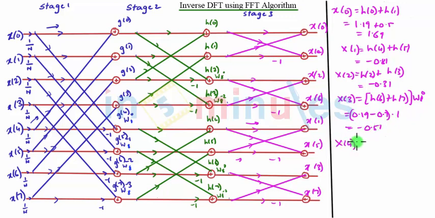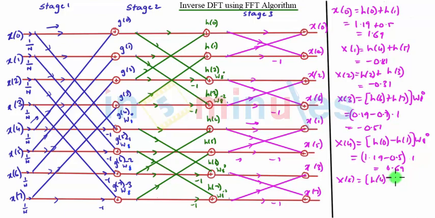X of 4 is equal to h of 0 minus h of 1 multiplied by w raised to 0, that is 1.19 minus 0.5 multiplied by 1, that is 0.69. X of 5 is equal to h of 4 minus h of 5 multiplied by w raised to 0, that is minus 0.81.